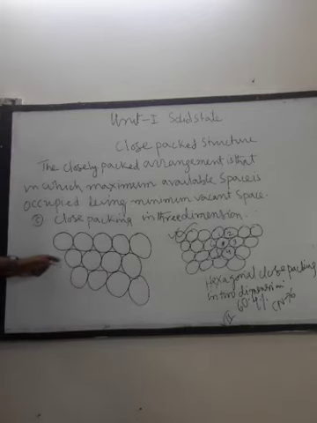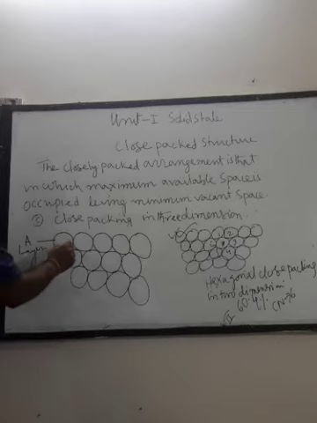So this is our hexagonal close packing in 2 dimensions. Now this is our first layer. Let us call this layer the A layer. Now there are two types of voids or holes in this packing.